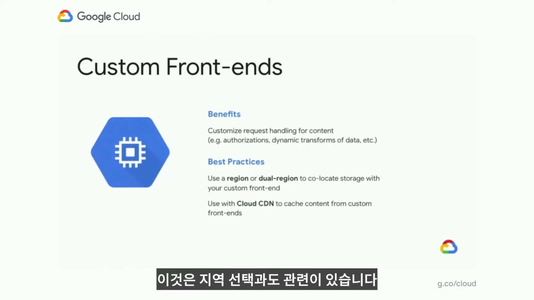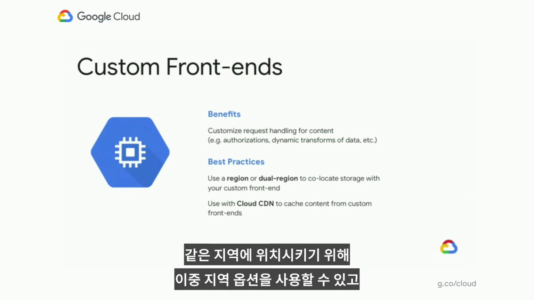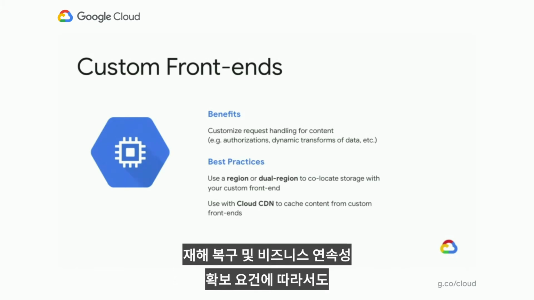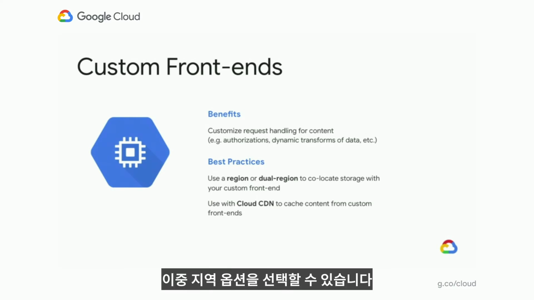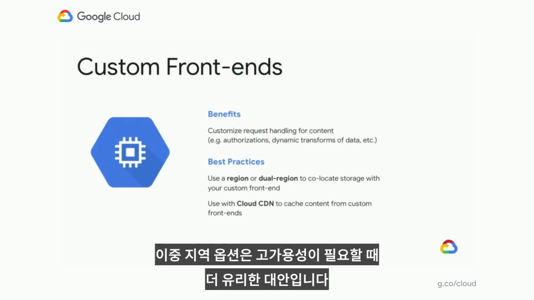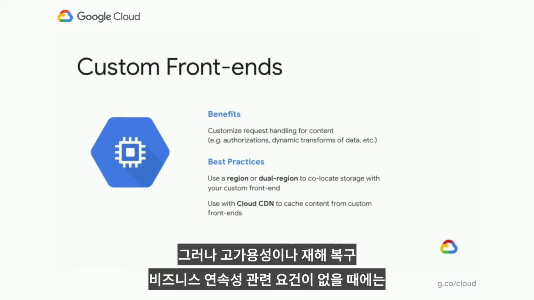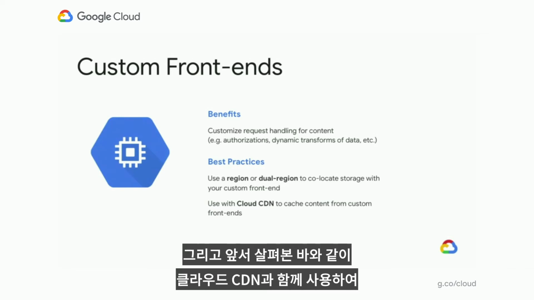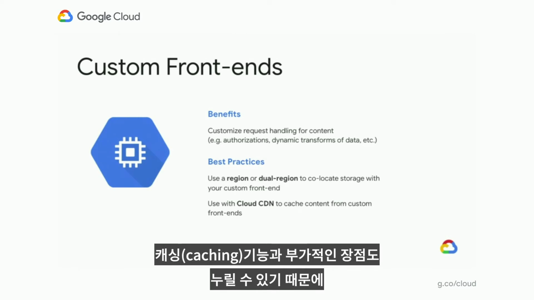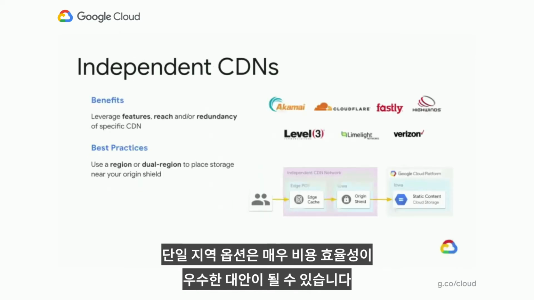So here it depends on whether you might want to use a region or a dual region to co-locate the storage with your custom front end, depending on how much disaster recovery and business continuity you want to build into the model. The dual region would be the better choice for high availability. But if your service doesn't require that, a region would be sufficient. And then you can still combine this with Cloud CDN to take advantage of the caching and the other advantages that I just talked about.